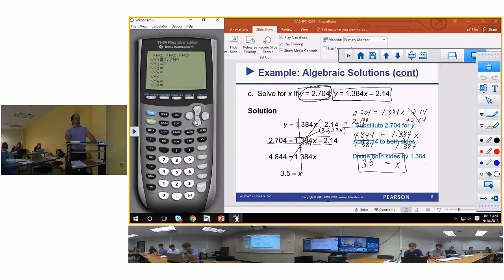And then I'm going to make the second line a little bit darker. And that's 1.384x minus 2.14. And hit graph. And there's my lines. And that's not right.